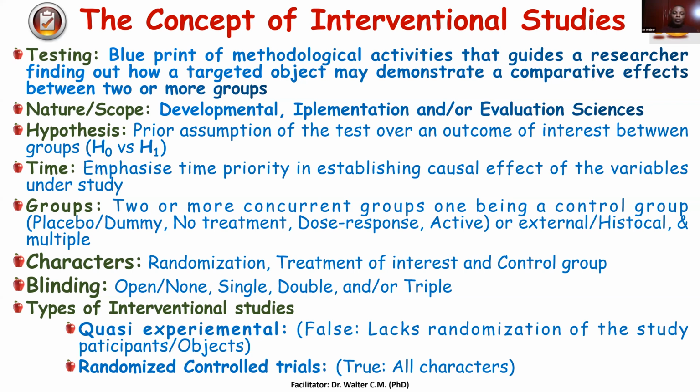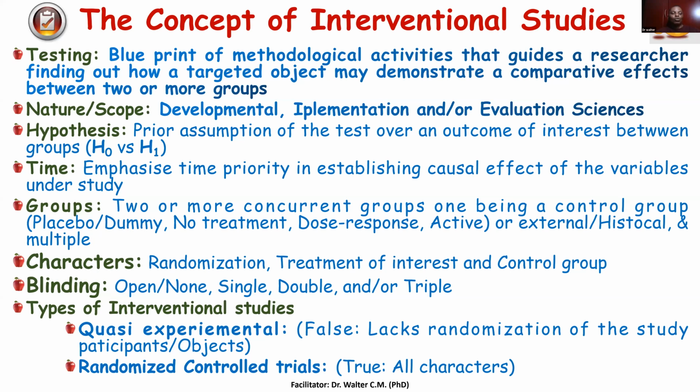If an interventional study design lacks one of these three, it is called a false intervention study design, not a true intervention. The one believed to be a true intervention is the one that accommodates all three characteristics: randomization, treatment, and control group.